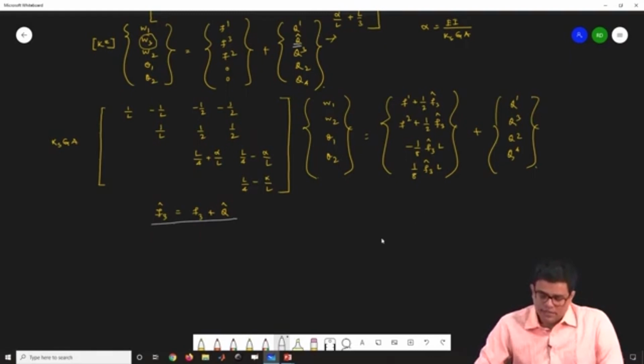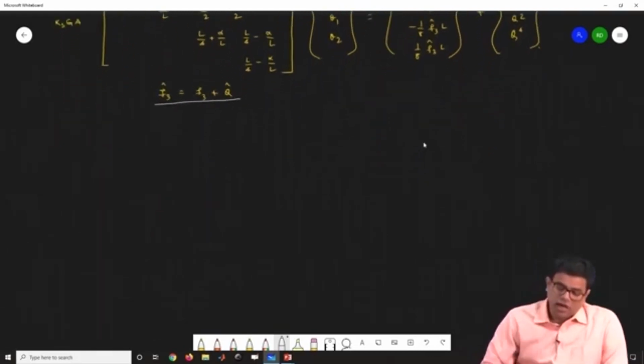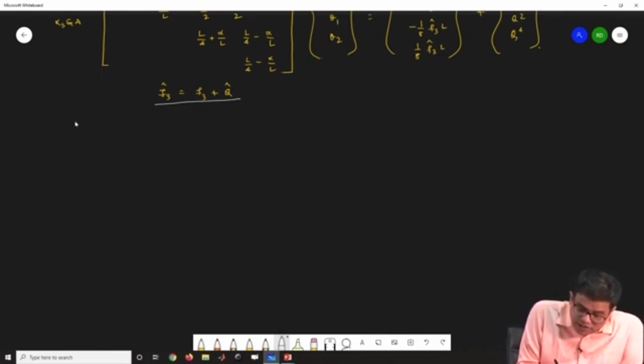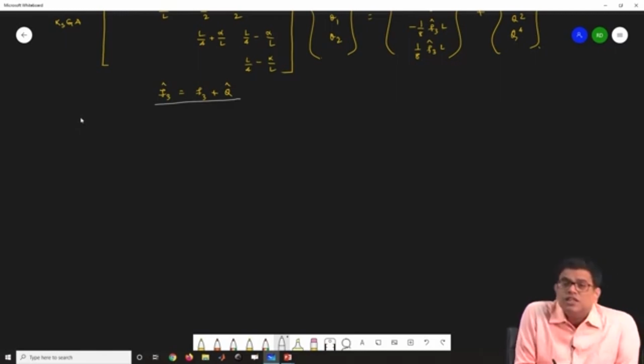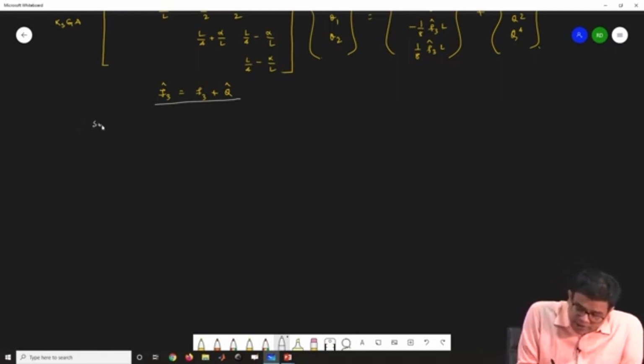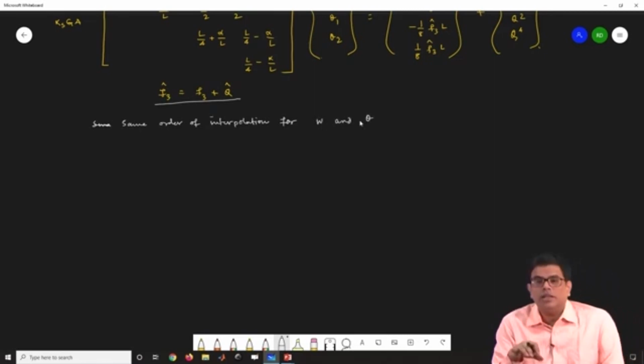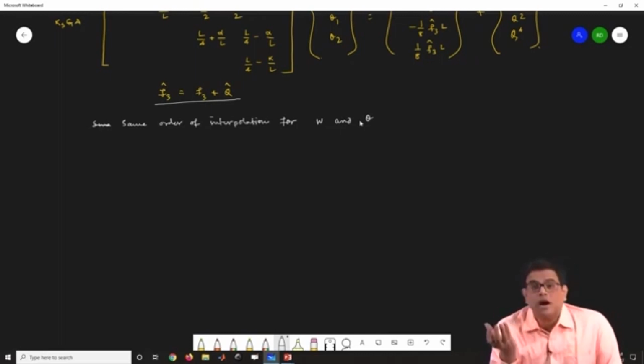Another way of doing this is, if I have the stiffness matrix, or the interpolation, and I want to use the same order of interpolation for W and theta, then what was our main problem?